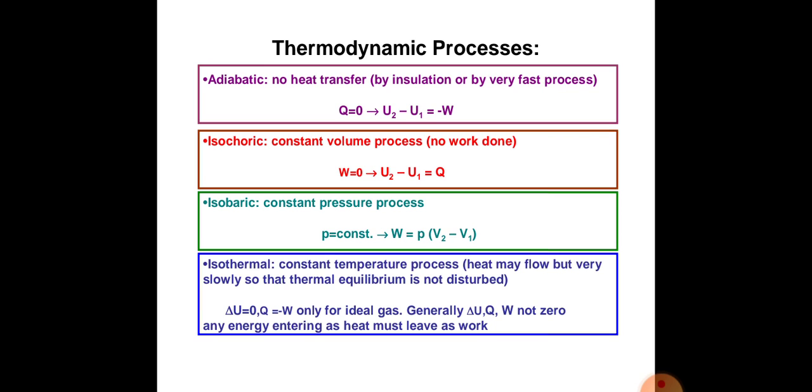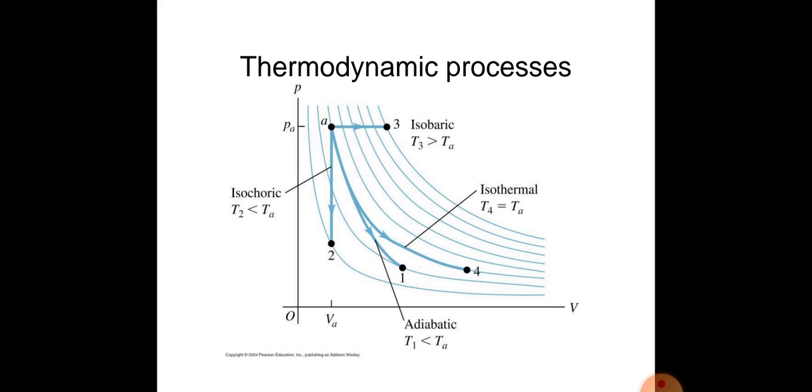So generally delta U, Q and W are not zero. Any energy entering as heat must leave as work. So thermodynamic processes are plotted on this graph as the process shows. From A to 2 is an isochoric, meaning constant volume process.